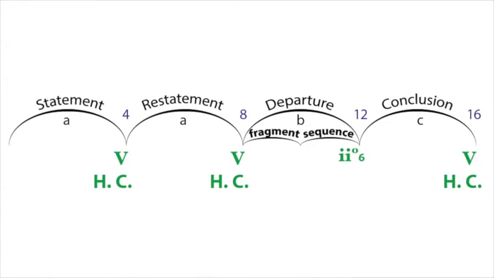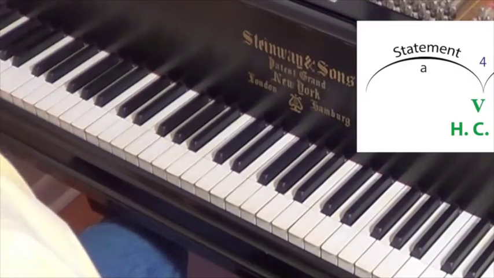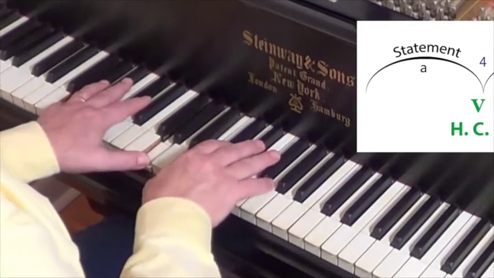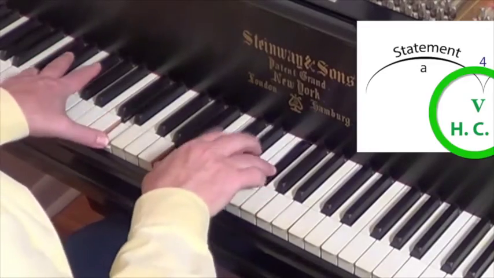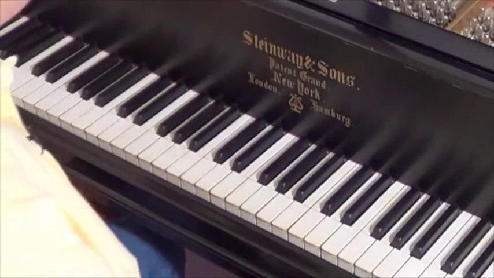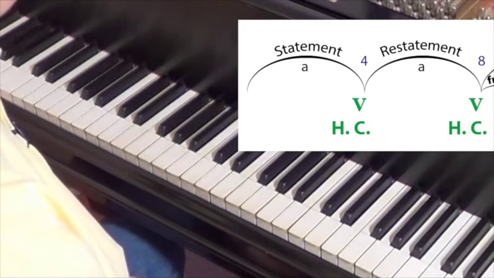In Take Good Care of My Baby, which will be outlined here, the first phrase, our S statement, comprises what we'll come to call the doo-wop progression in 4 bars ending on the 5 chord for a half cadence. This is then repeated for R, our restatement.